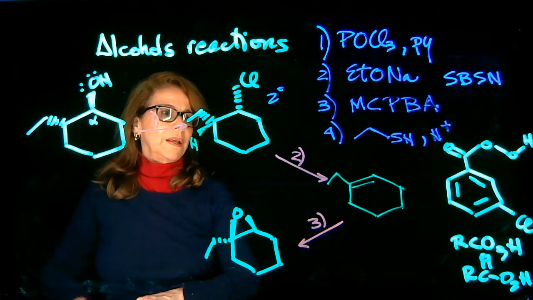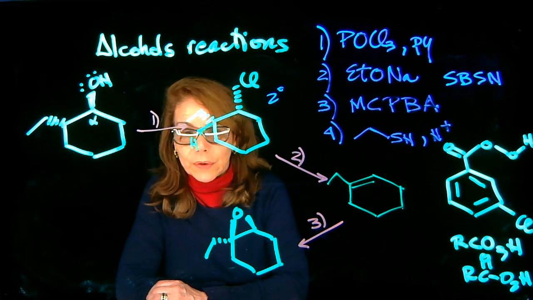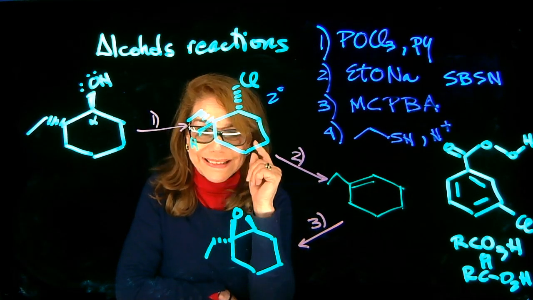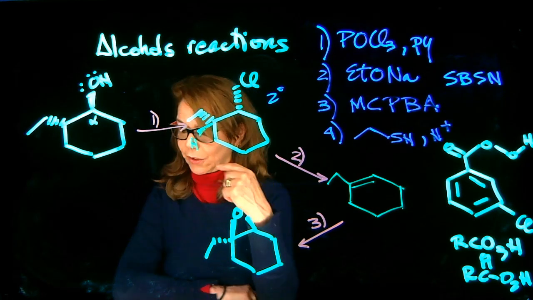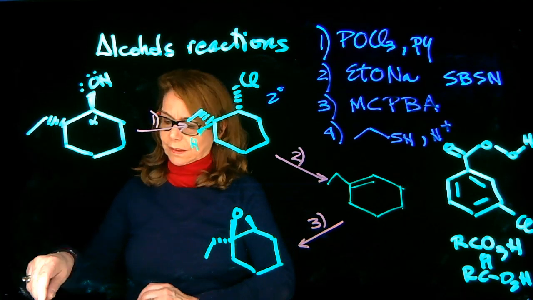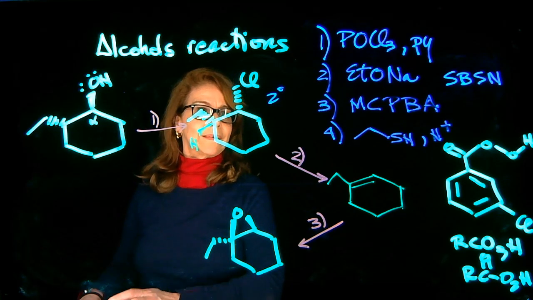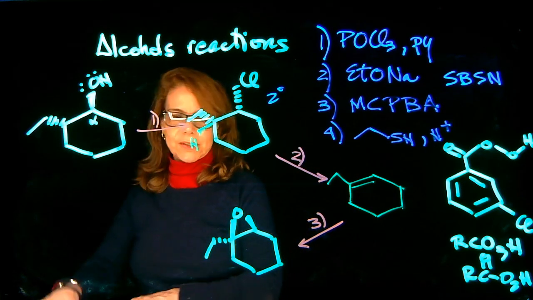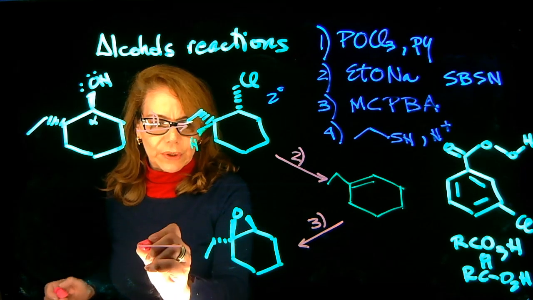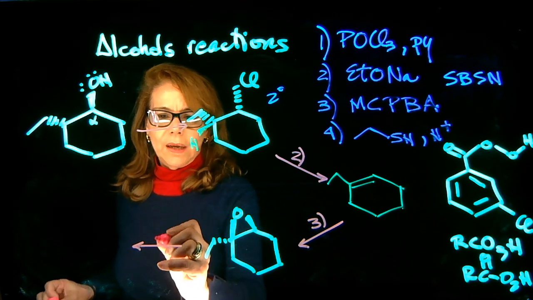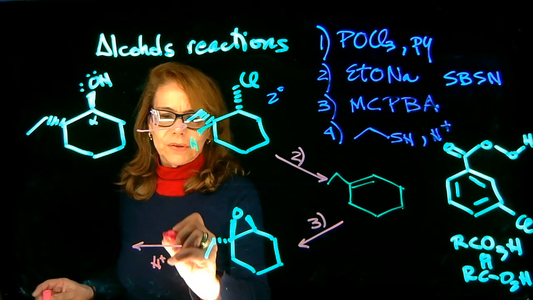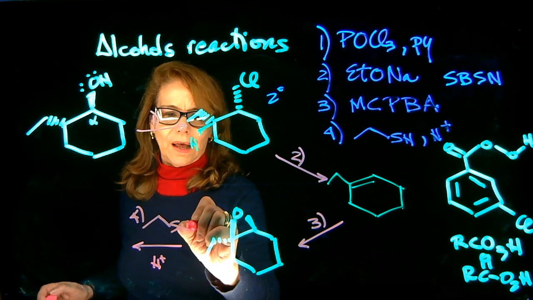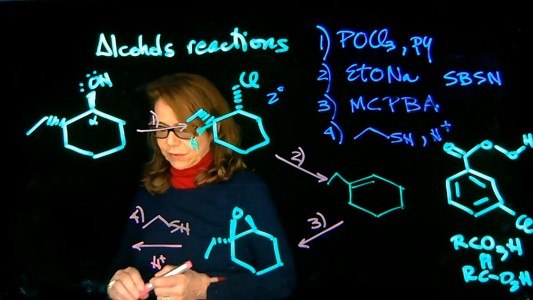And if we had that in water, then we will have the nucleophilic attack of water and make a diol, an anti-diol. But this time we don't have that. We instead have a thiol. So let's draw the reaction. What happens when I treat that epoxide? And it also says acidic conditions. So reaction 4 says that you're using this thiol, and that is under acidic conditions.